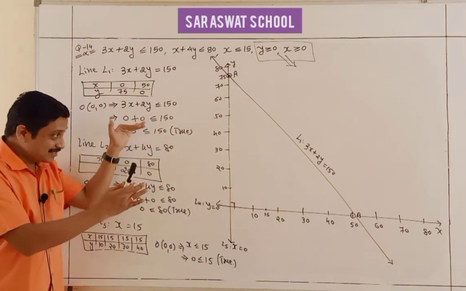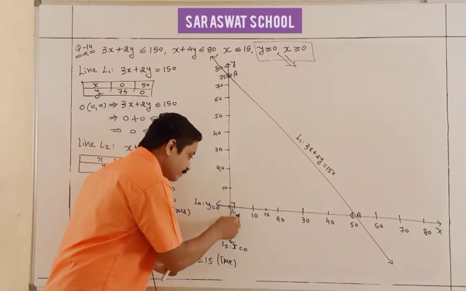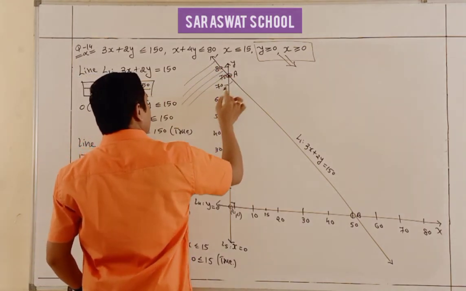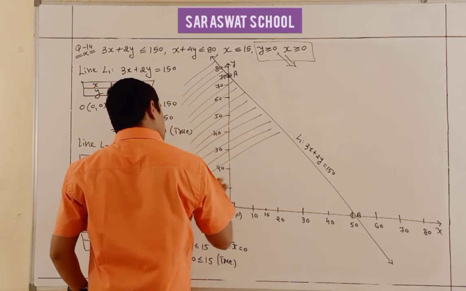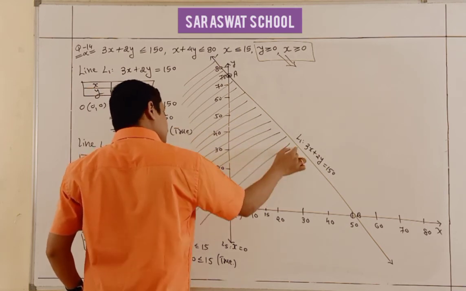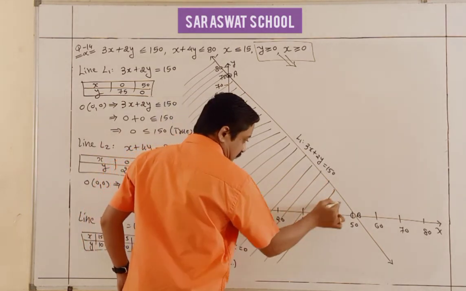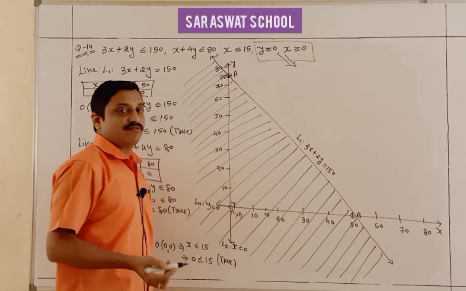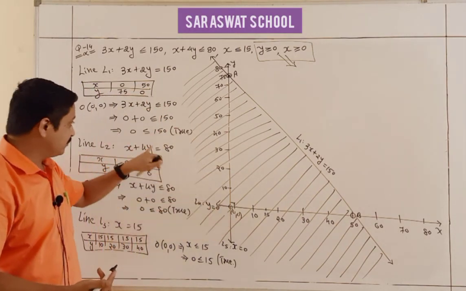It means towards the origin side because your origin is here. So my shading is this side, passing through the origin side. This is my shaded portion for line L1. Correct? Because this origin we already checked, it is true.